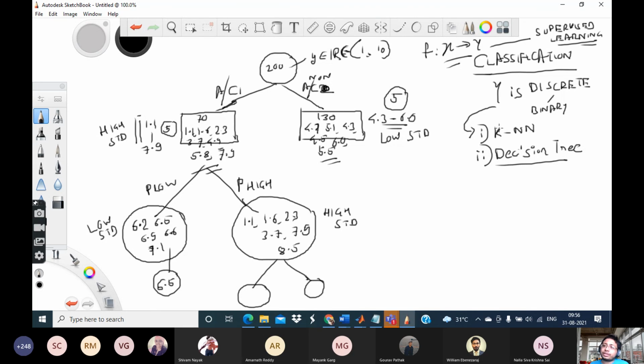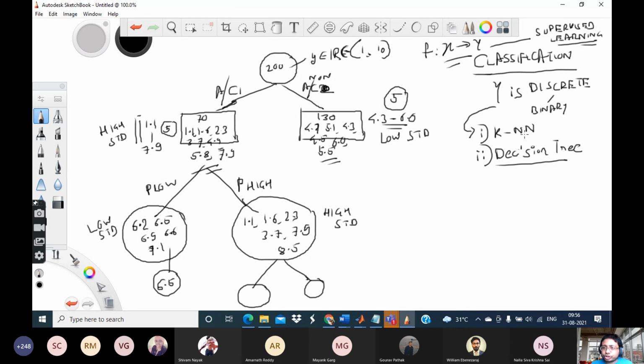For example, different values of k are possible. Another variation is that instead of treating the different nearest neighbors equally while taking their vote, I can consider their weighted distance, their inverse distance from the query point, as their weight.